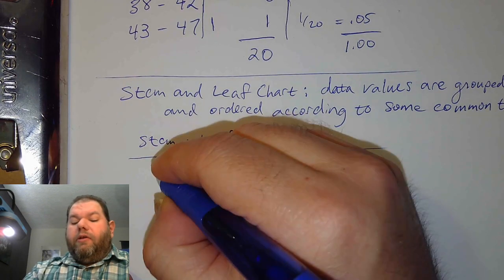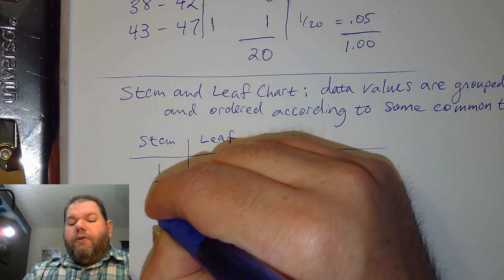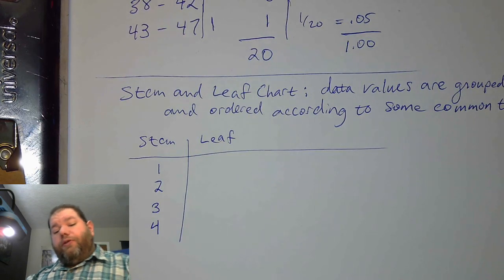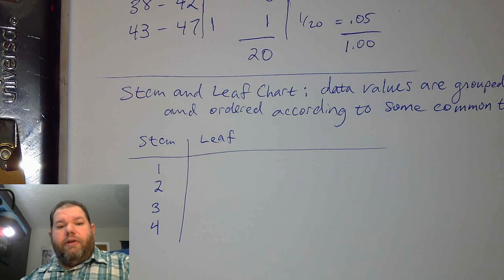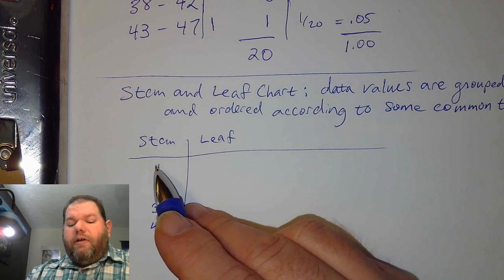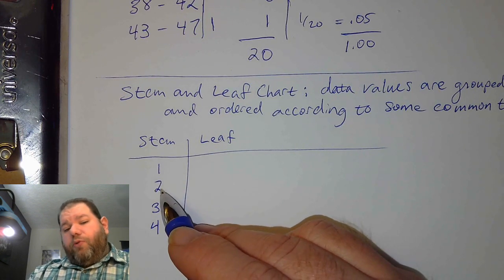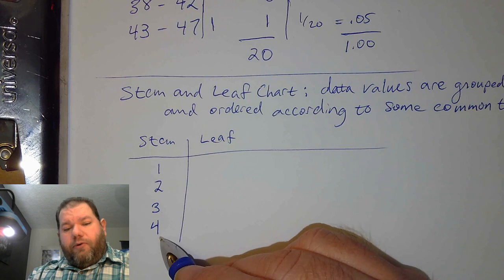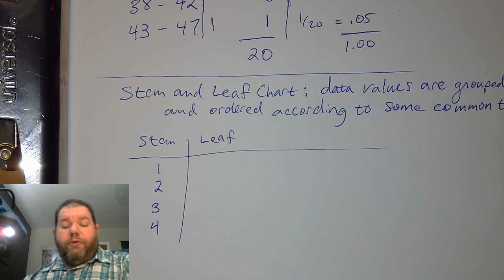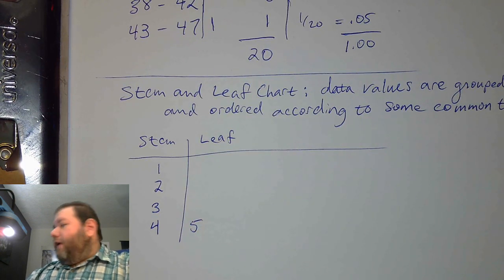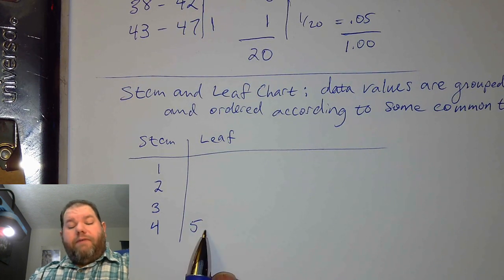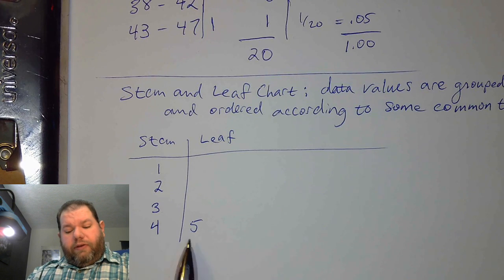So our stems that we're going to use are 1, 2, 3, and 4. This represents people in their teens, 20s, 30s, and 40s. We only have one person in their 40s in this data set, and they were 45 years old. So we put 4 and a 5. So this is 45. We have our stem, we have our leaf.